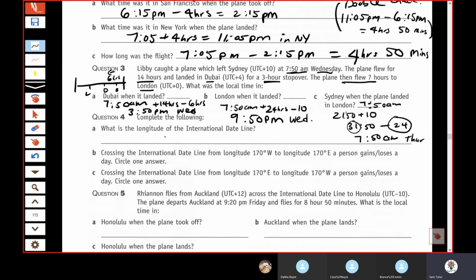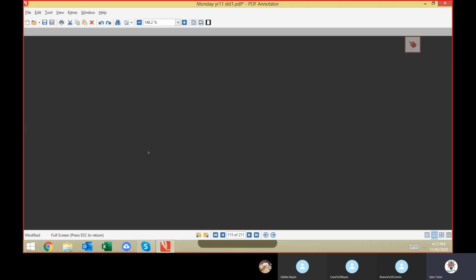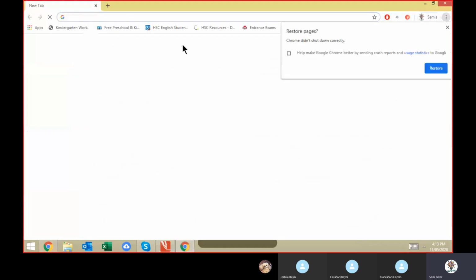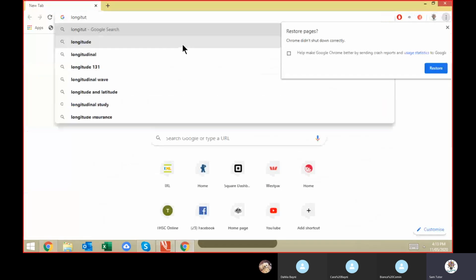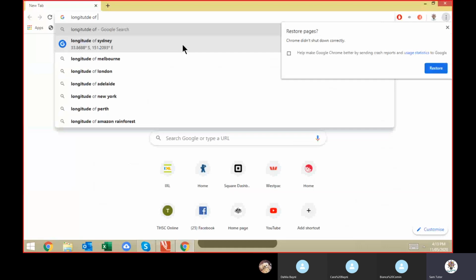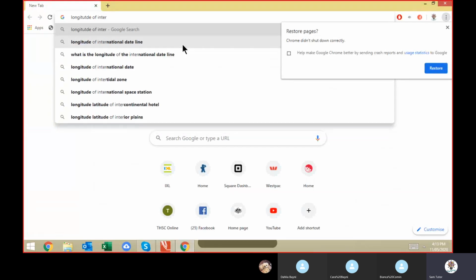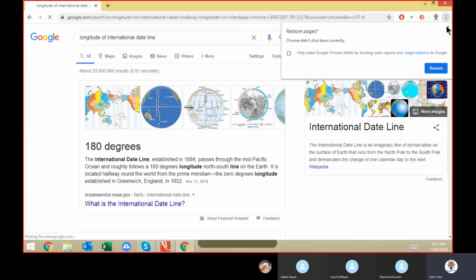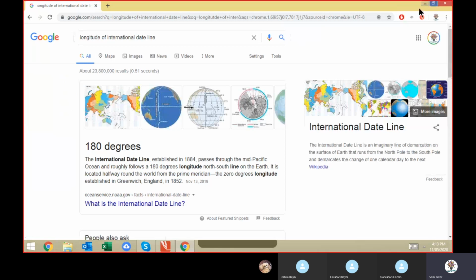International dateline longitude is, what is the longitude of the international dateline? That should be 0, right? Or is it 180? I'm not 200% sure on that one. 180.